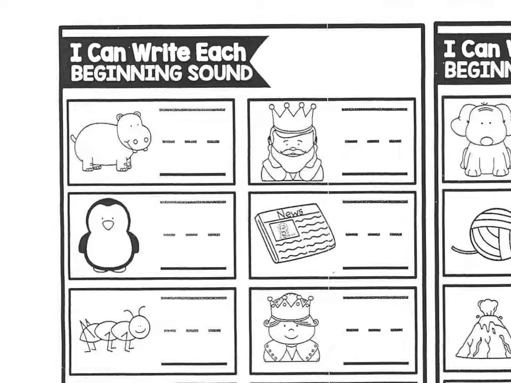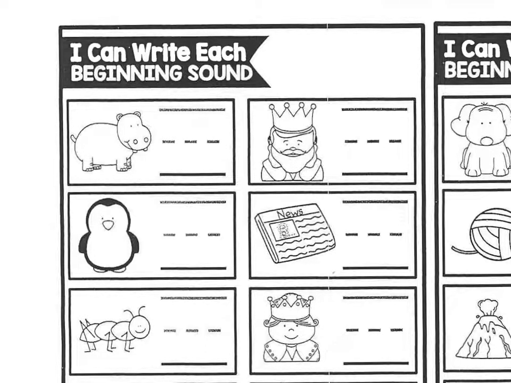Okay, so the very first one we have is a picture of a hippo. Hippo. Okay, I'd like you to take a moment and think of the beginning sound and what Miss Salvador is going to write on the lines. Hippo. Okay, if you said the letter H, then you are correct.